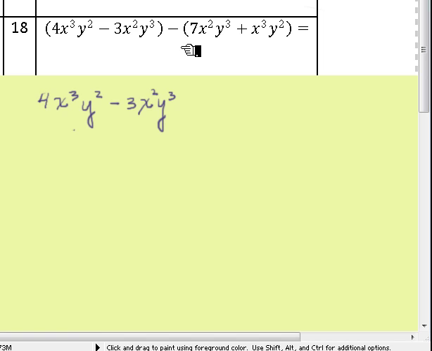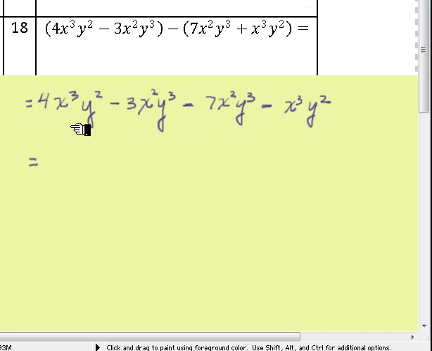Okay, so for the first term we have minus 7x squared y cubed. And for the second term we're multiplying minus times plus, that's minus x cubed y squared. And now we want to combine like terms. So here we have x cubed y squared.